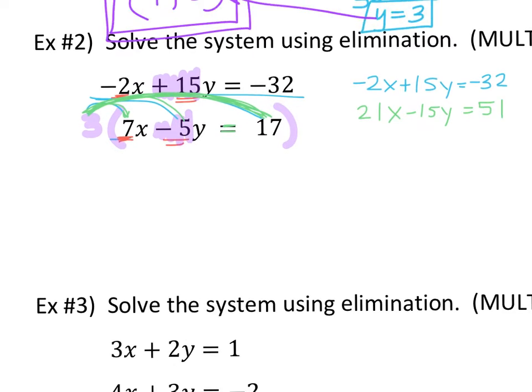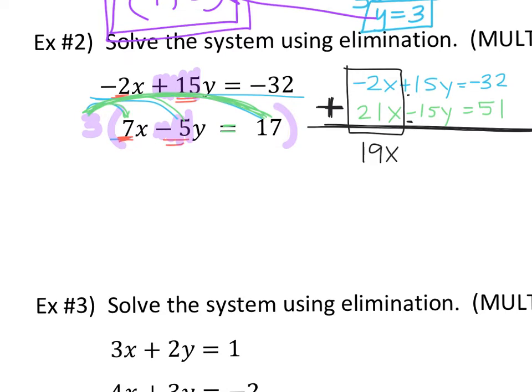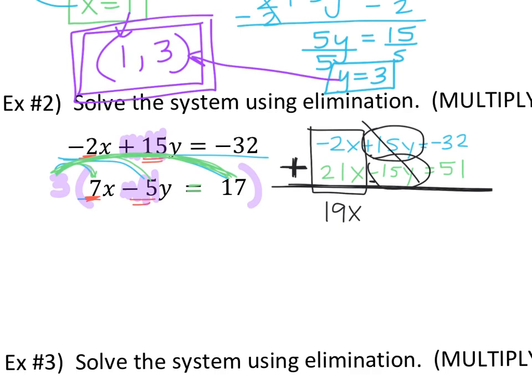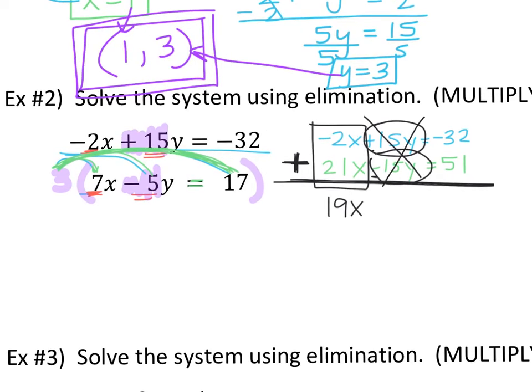So here's my new system to solve. I always add because these are opposites. So I'm going to add these together. Starting here, negative 2x plus 21x is 19x. 15 plus negative 15 is 0, so that's going to go away.